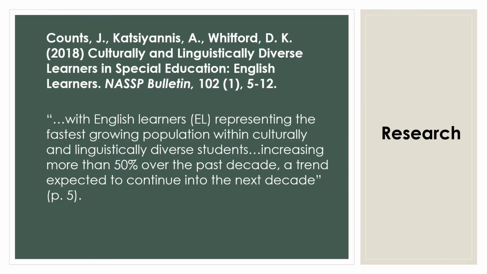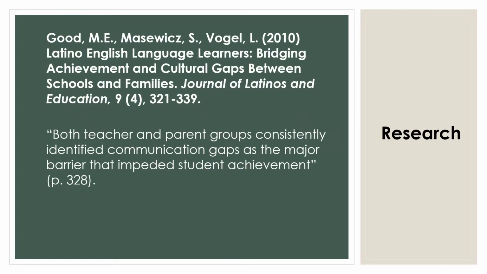Rather than continuing with the same practices which have not been working for English language learners, we need to identify the inconsistencies which are contributing to their academic underachievement and find a way to minimize that. As expected, one of the most significant barriers between English language learners and academic achievement is the language gap.